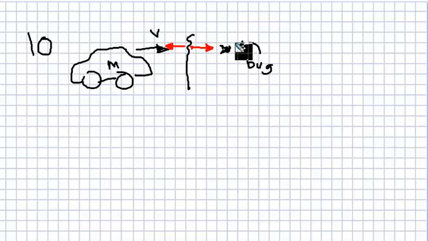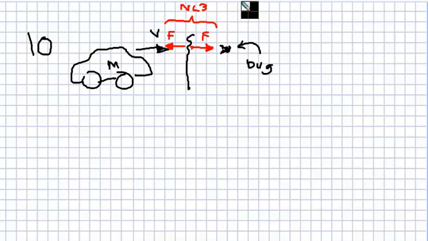Small force, but nonetheless a force. And those forces must be equal because those are our action-reaction pair of Newton's third law. So the forces have to be the same. Newton's third law must be true.